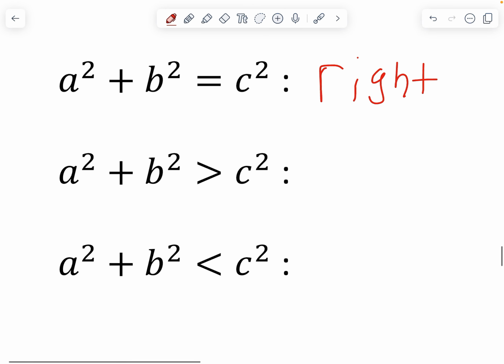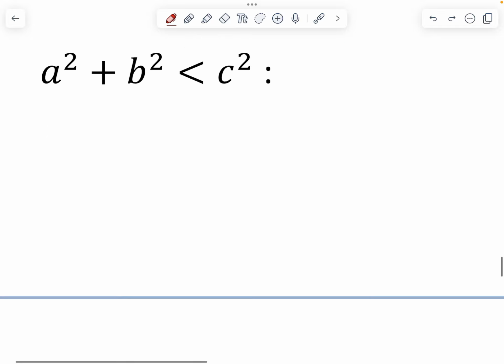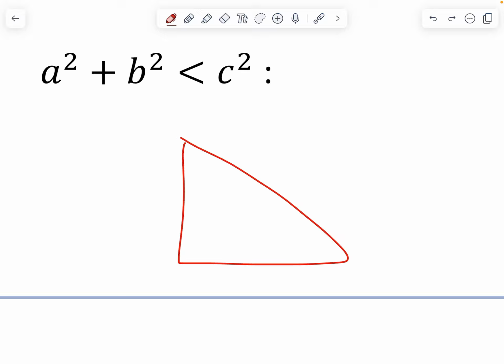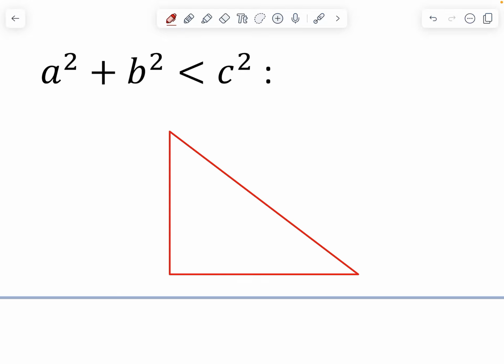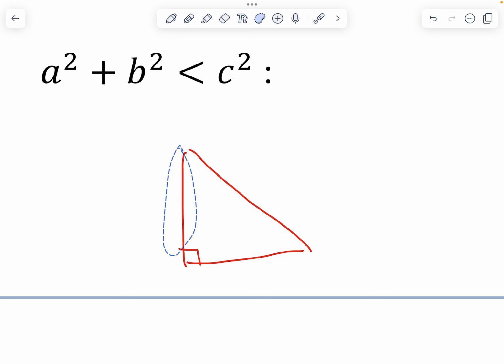If it's not, sometimes it might be bigger, right? So I'm gonna draw, I don't know if this is gonna work, but let's see. If we draw a right triangle here, okay? Actually, I don't want it to be like that. Okay, if you have a right triangle, basically, if it's not a right triangle, you kind of have two choices, right?